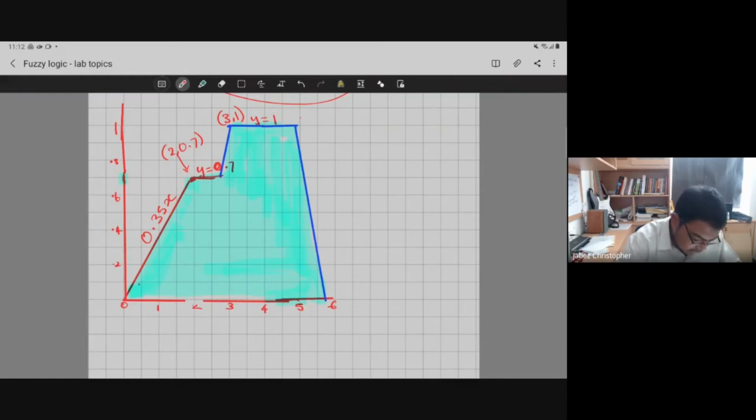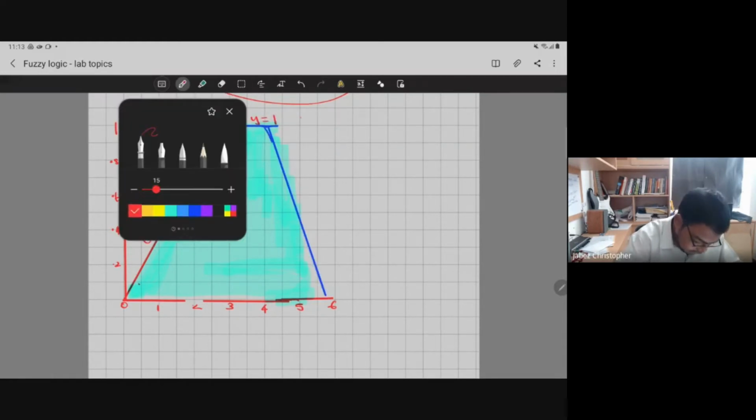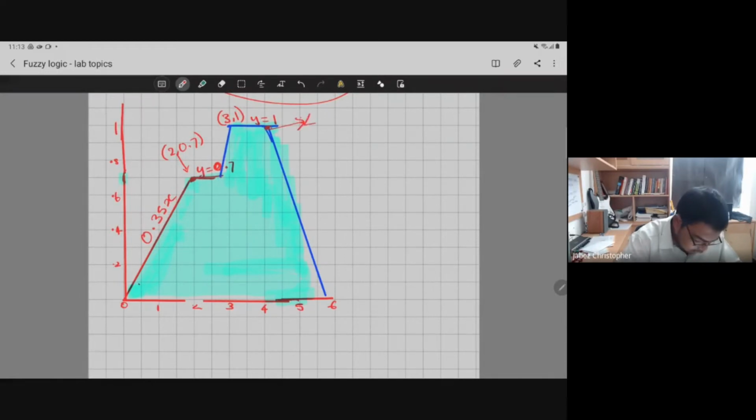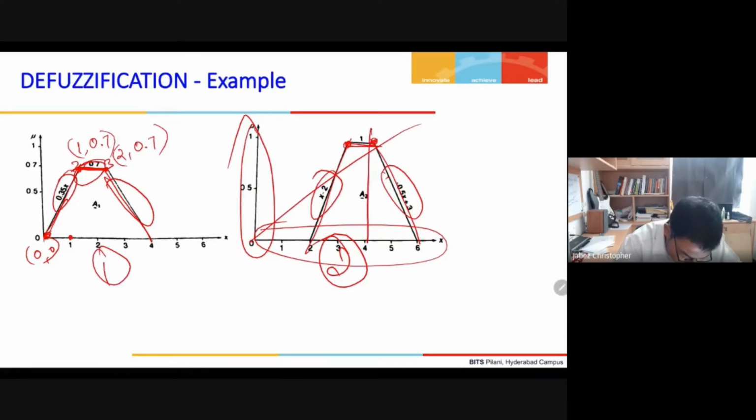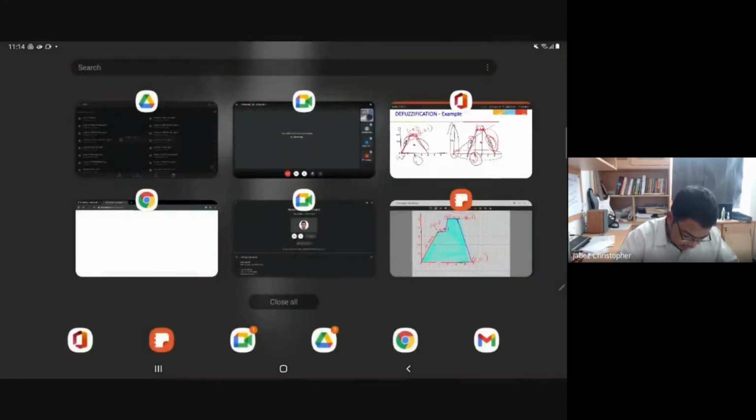Okay, sorry, I did a small mistake. This is supposed to be, okay, 2 to 3, 3 to 4, and then 4 to 6. Okay, then the equation of this line would be 0.5x plus 3.